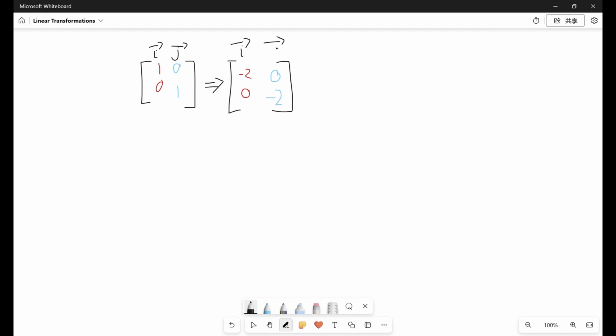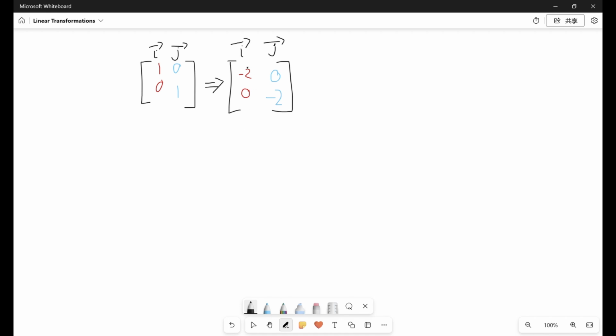So essentially you realize that the first column is vector i. The second column is vector j. And after you transform, you do whatever you do, the first column is still vector i, the second column is still vector j. Because only the basis vector transformation actually matters. All the other points' transformations are the same, so they are still based on the basis vectors.